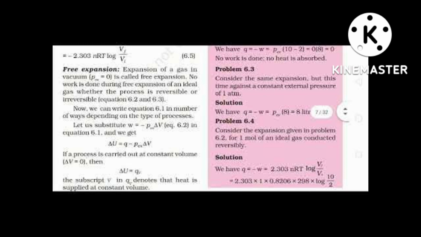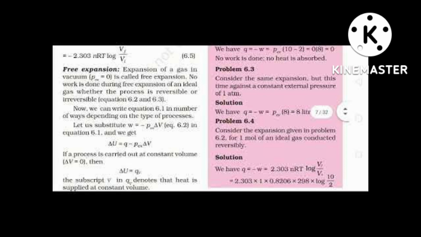After putting in all the values, you need the n value, R value and T value, nRT. In the question they have given 2 liter of an ideal gas at a pressure of 10 atmospheres, expanding isothermally into a vacuum until the total volume becomes 10 liter.